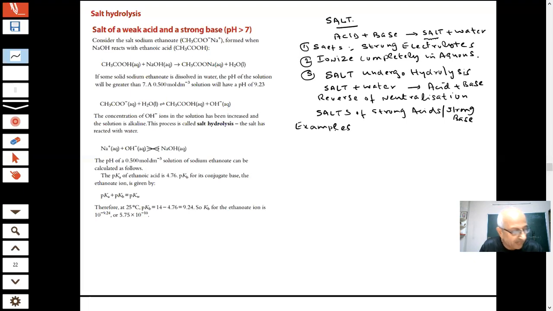Can you give me examples, students, of salts of strong acid and strong base? How will you form the salt of a strong acid and strong base? What is a strong acid?